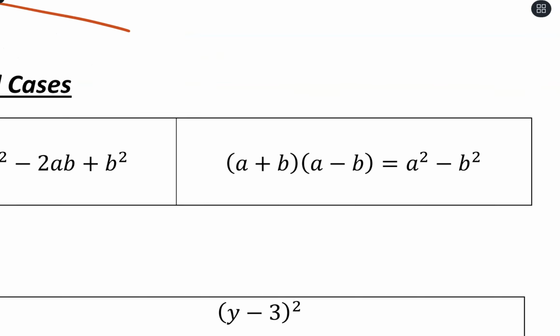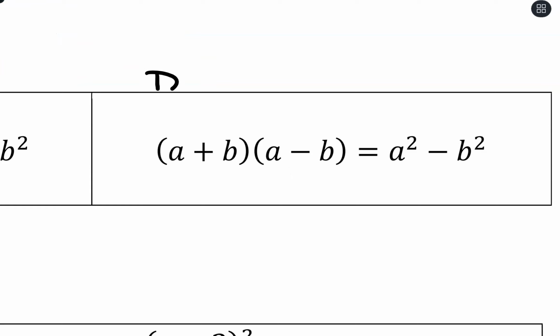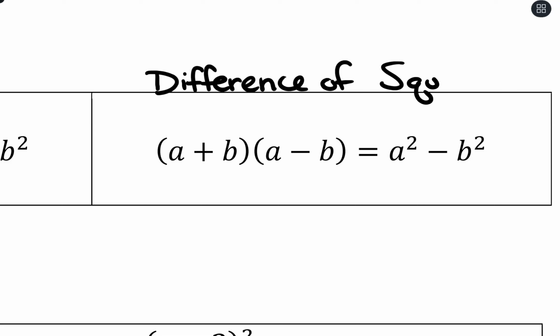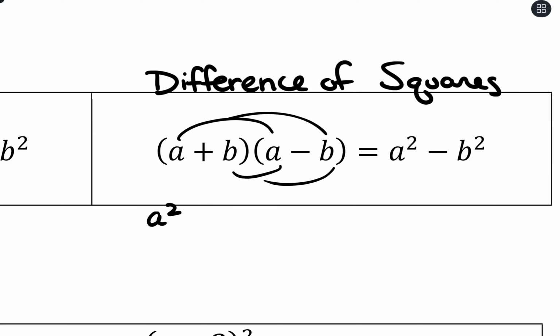Then this case right here is called the difference of squares. And it comes from FOILing with a plus b times a minus b. So when we do this, when we FOIL, we're going to have a times a plus a times b minus a times b minus b squared.